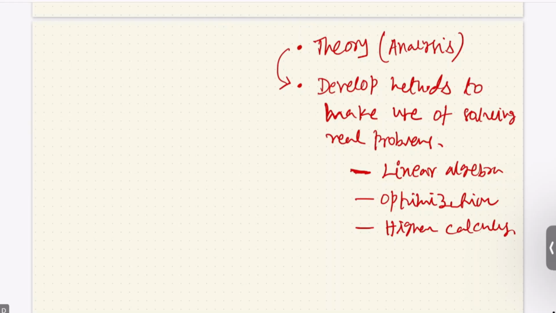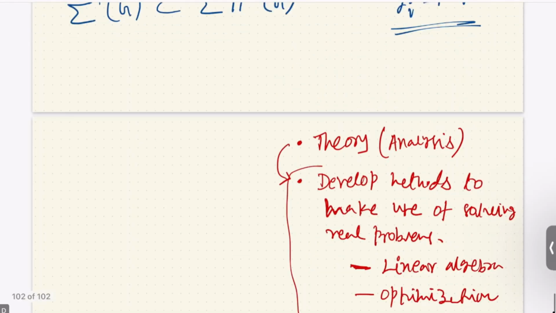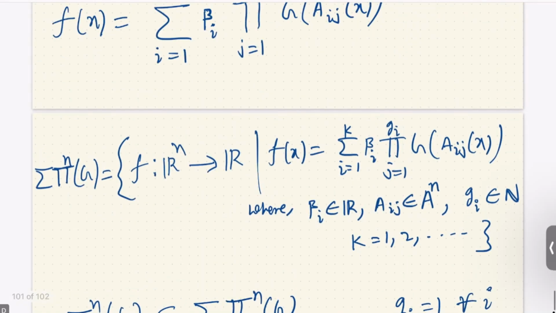While developing this, we have to compromise certain things. Before touching these things, I will bring linear algebra into the picture. How do we convert these classical functions, these expressions, into matrix language? That is where linear algebra comes into play.